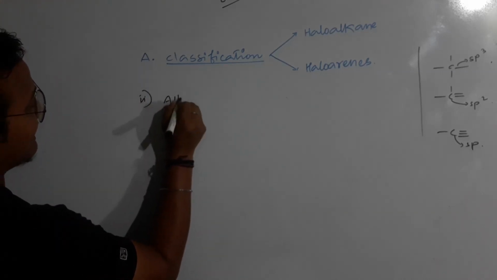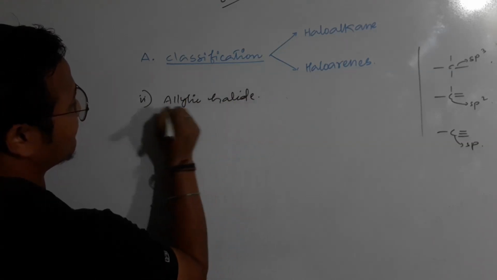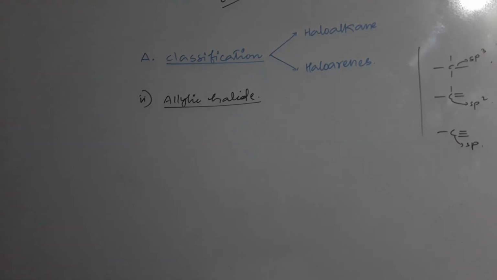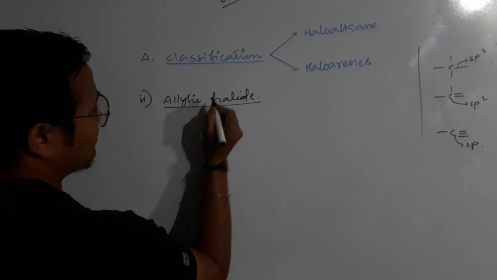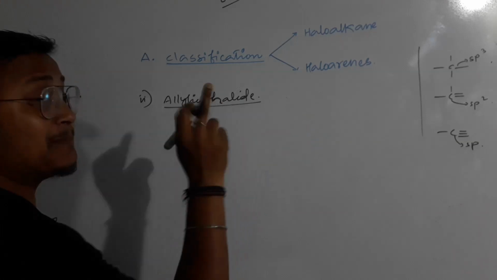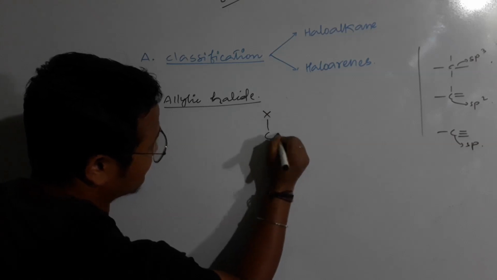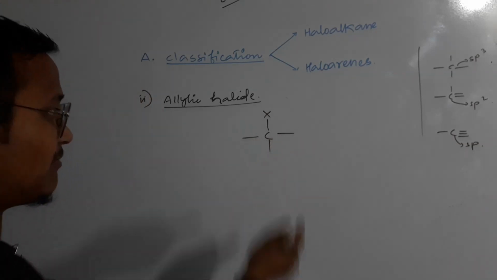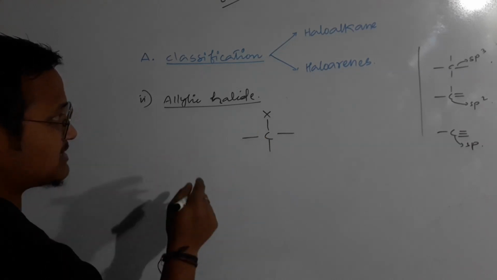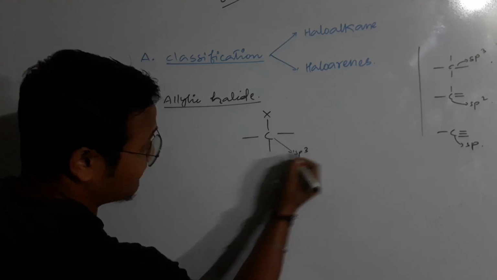Number 2 is our allylic halide. Now interestingly, when we are talking about allylic halide, we don't have to forget the basis. The halogen atom is bonded with a single bonded carbon atom, so it is sp3, clear?